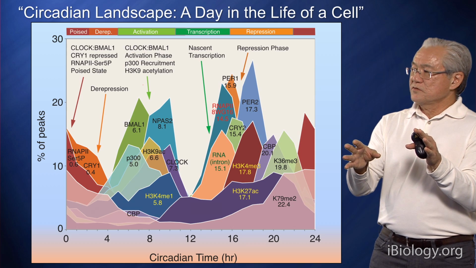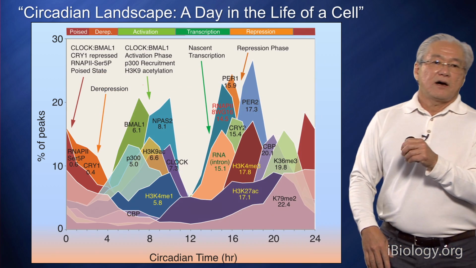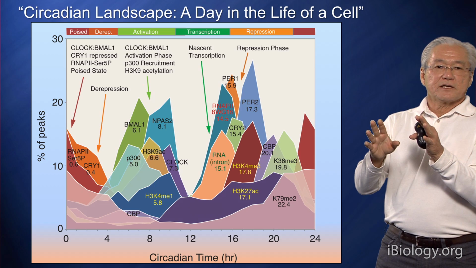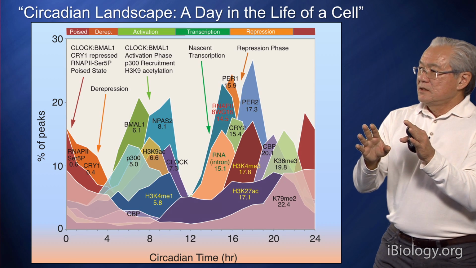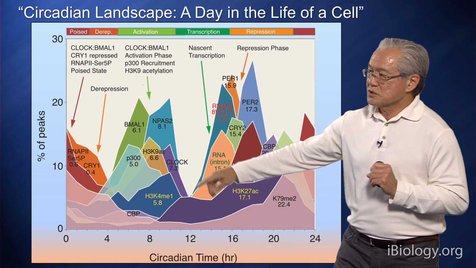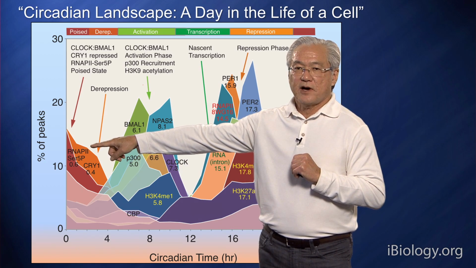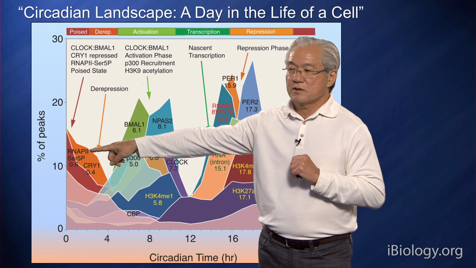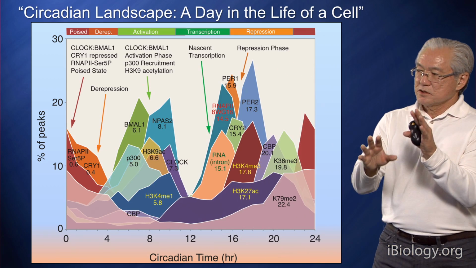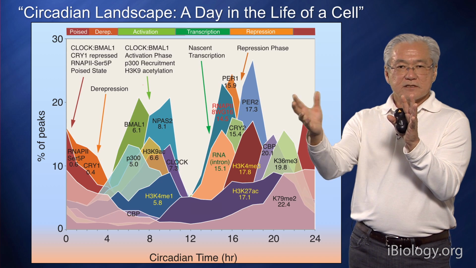And we think the reason for that is that Cry1 is also bound to Clock BMAL to repress that complex. The complex can still recruit polymerase II, and so we find initiated RNA Pol II with a serine 5 mark also peaking at 0.